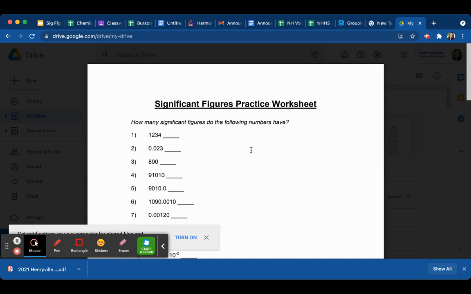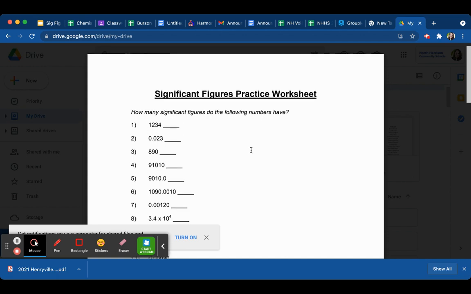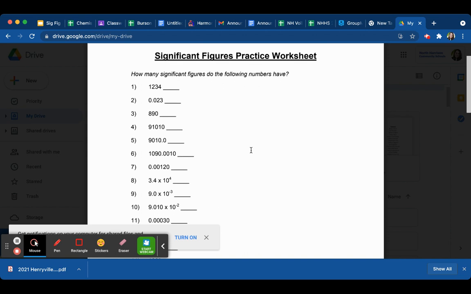Number 1, how many? 4. Number 2, how many? 2. Yeah, leading zeros don't count. Number 3. 2 of them, the 8 and the 9. What rule number is that?